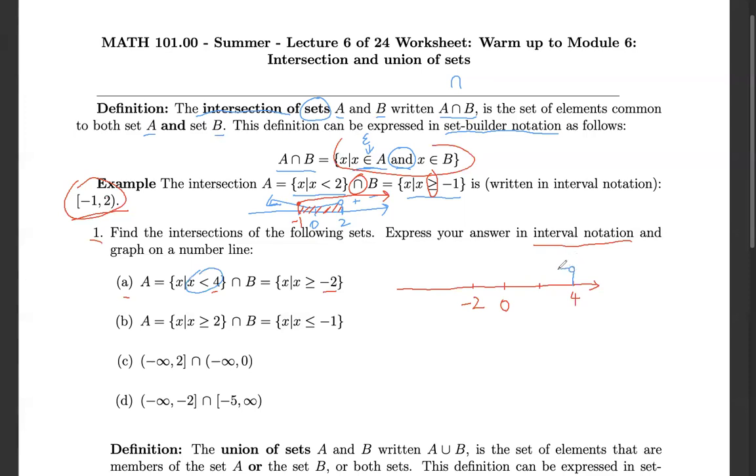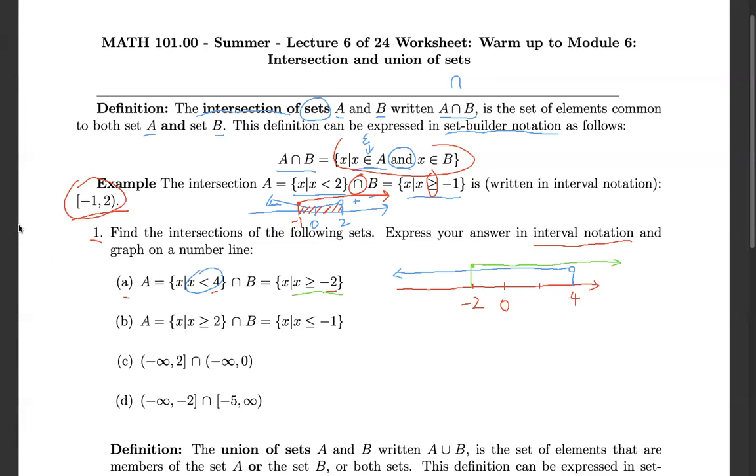We go to the left, right? All those numbers are less than 4. Then B, let's use green color. All the numbers greater than or equal to -2. So including -2, we make a solid dot. Greater than, we go to the right.